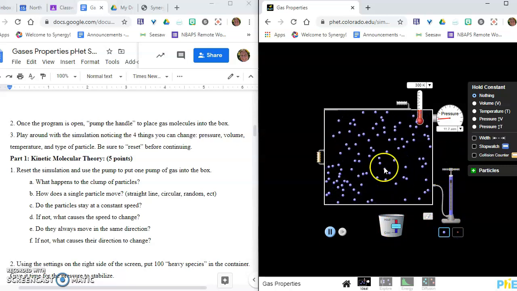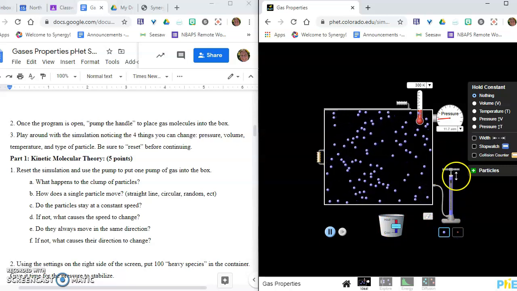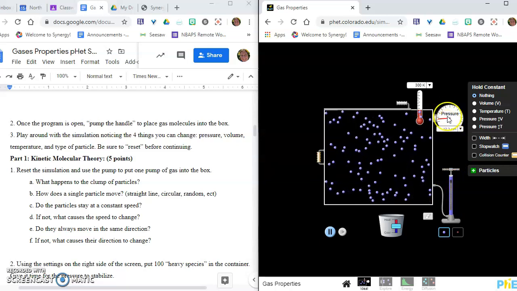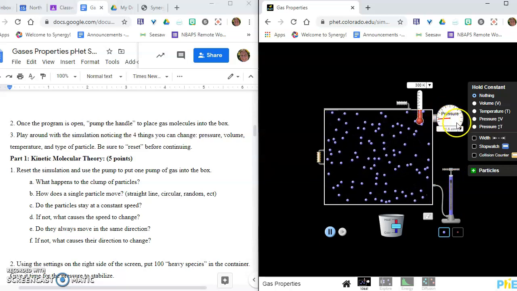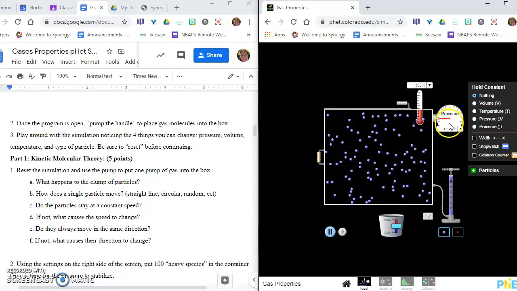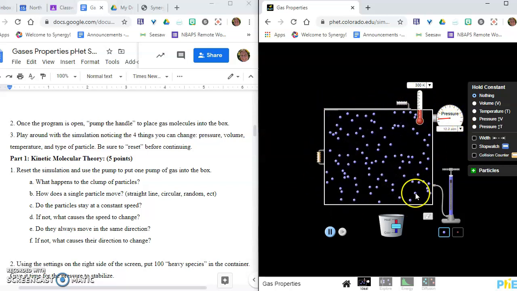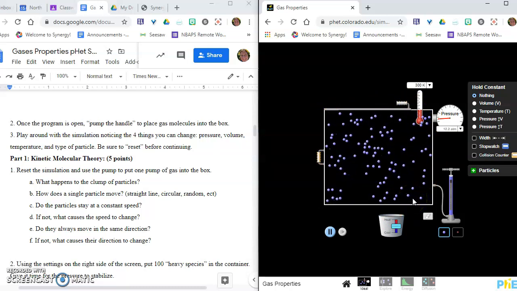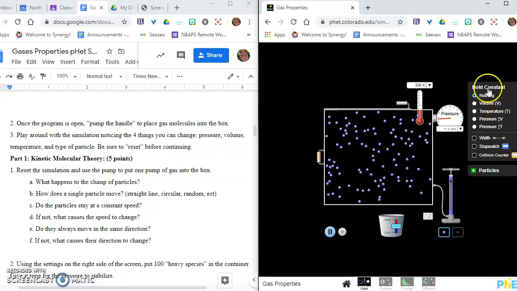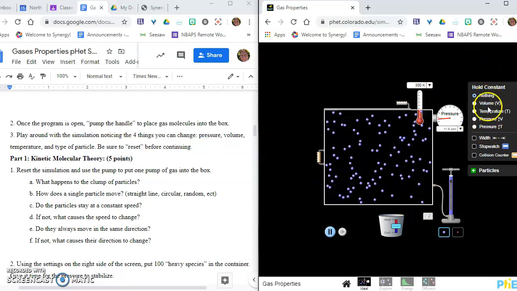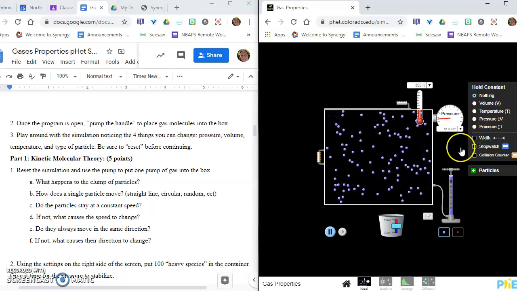We can change how many particles we put in there by adding this. We can see what the temperature reading is, the pressure and the temperature, and we can also change the size or the volume of this box. We can choose to hold certain things constant, which I'm going to show you in a little bit.